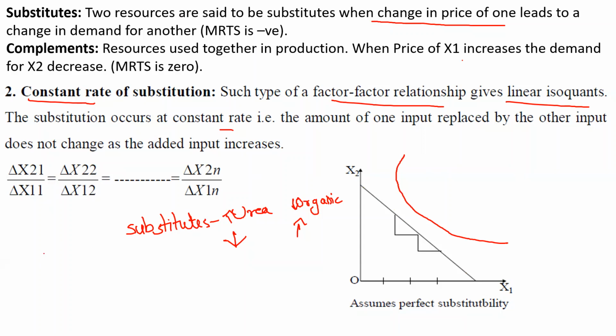So this substitution for x, suppose there are two inputs x1 and x2. Now if we increase the units by, suppose we are increasing the x1 input, then in same way if we are same level we decrease the level of x2 input. So we can say here marginal rate of substitution is equal in constant rate of substitution.